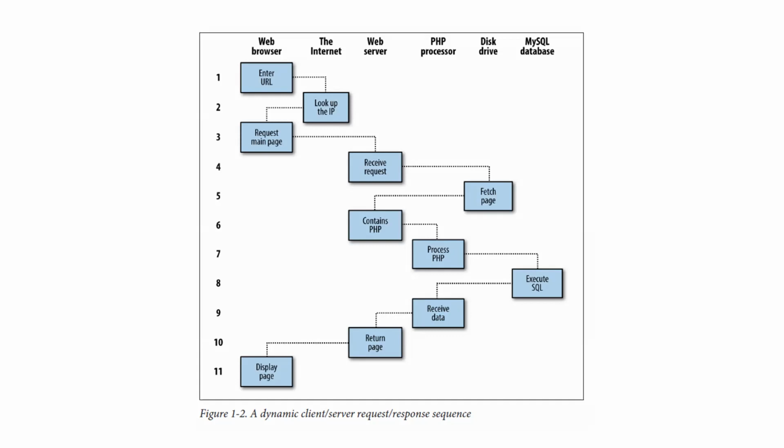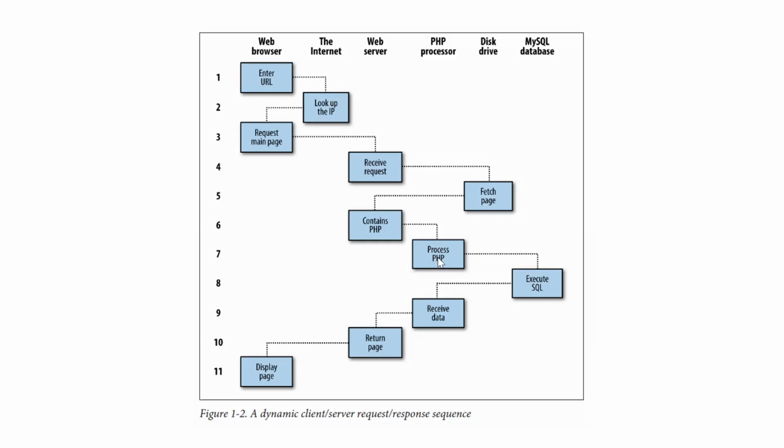That main page request is served by the web server, which receives the request and, according to the request, gets the required file from the drive. Then let's assume that you have some PHP coding.